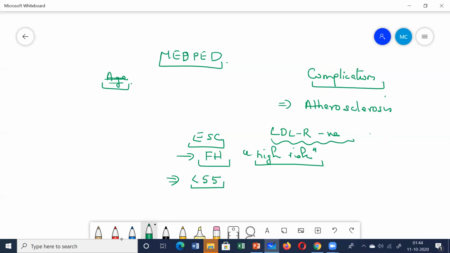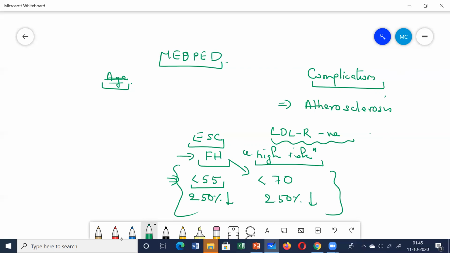And if they have no other risk factors, only familial hypercholesterolemia, that is also considered high risk, and we usually try to lower it to less than 70, with a 50% reduction in the baseline levels. So these are the goals which have been set for these familial hypercholesterolemia patients according to the ESC guidelines.